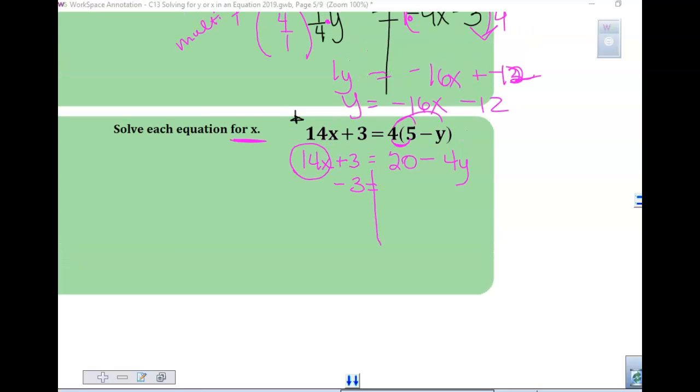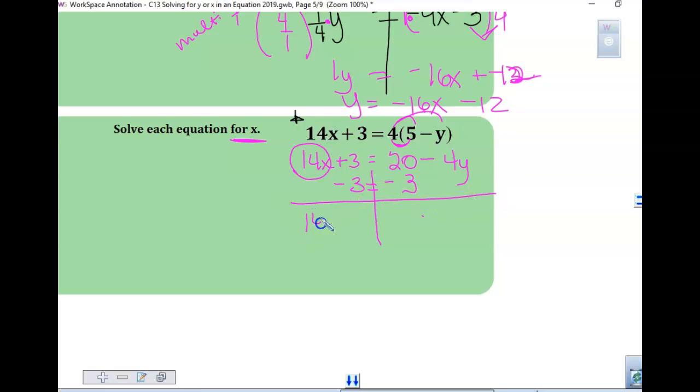Meaning, can I take 4y and subtract 3 if there's no y with it? No. So I have to put this minus 3 below the 20, right? So when I'm looking at this, it's going to be really important, if there's different terms on the other side, that we show minus 3 right below the 20. Okay? So I do minus 3 right below both sides.